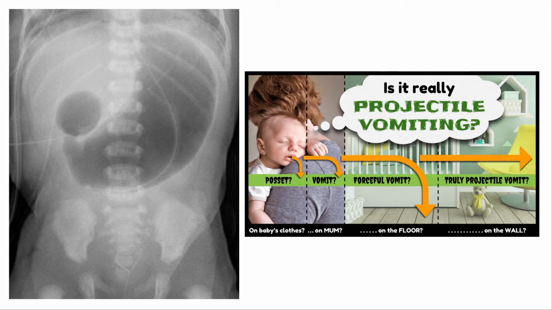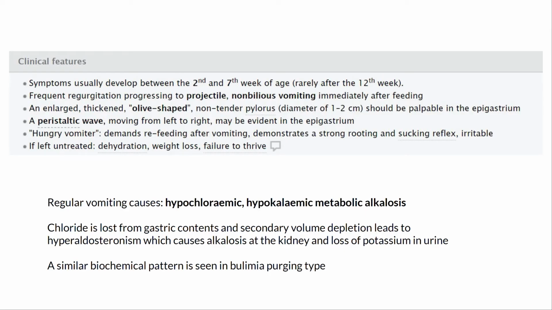But projectile vomiting is like a hose firing across the room with intense pressure. So the features, typically it's kind of early in life, but it's not right after birth, so the baby's gone home by this point. But you feed them and then they vomit, and there's no bile.